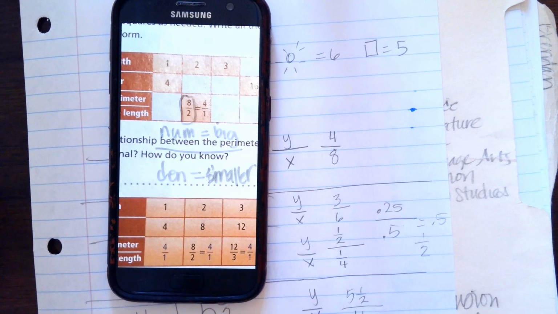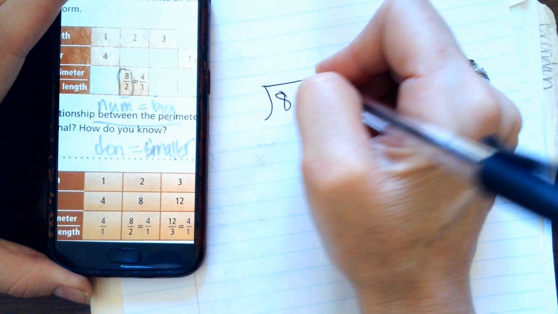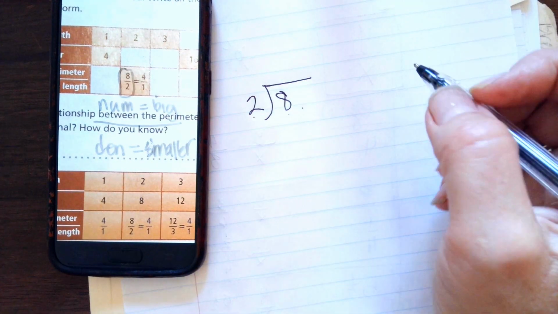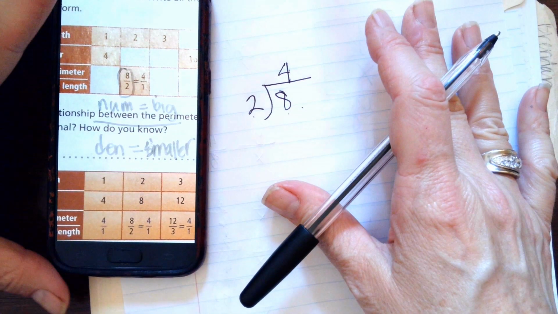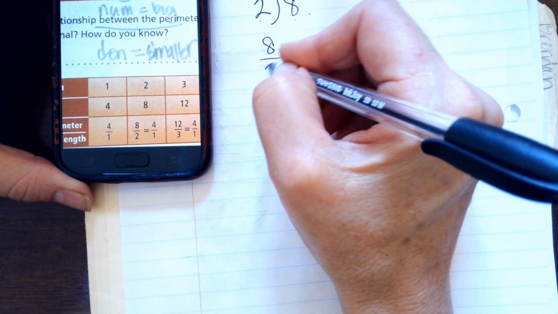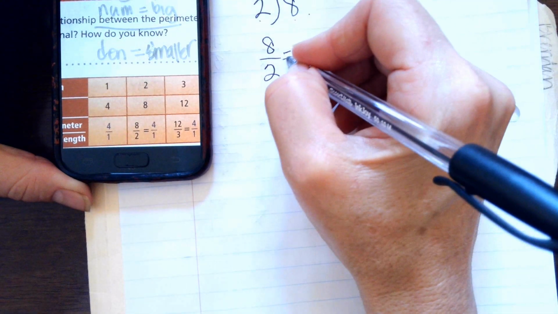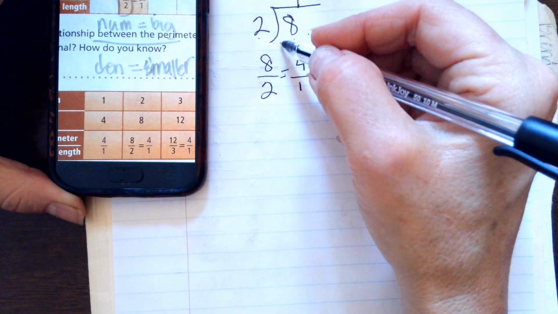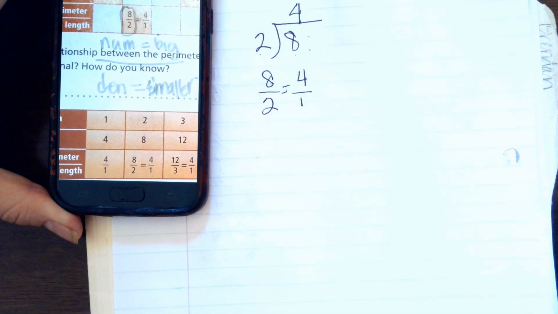You take the denominator and you put it right here, and you put the numerator right here. And what does it turn out to be? 4. Another way you can do it is this. 2 goes into 8 how many times? 4. So it's the same thing, you just don't have to do the work. You can just say, how many times does 2 go into 8?